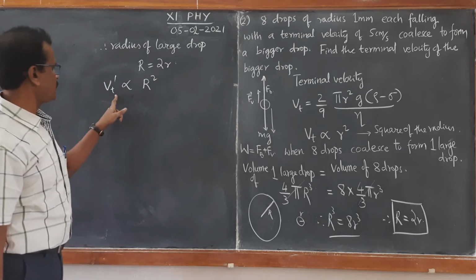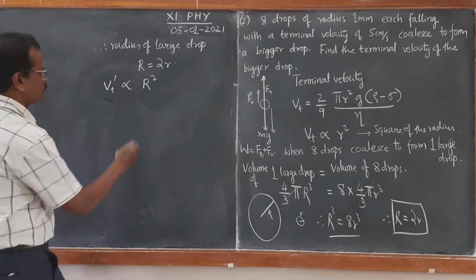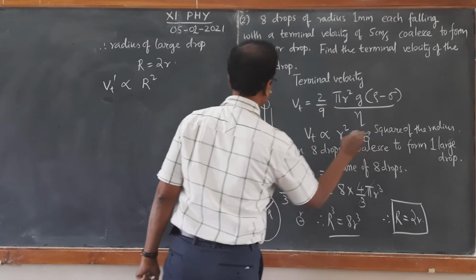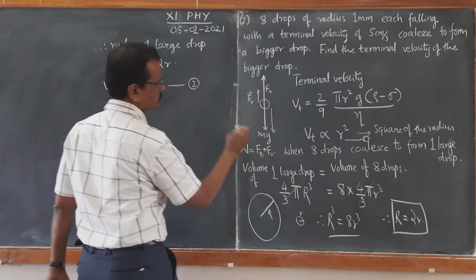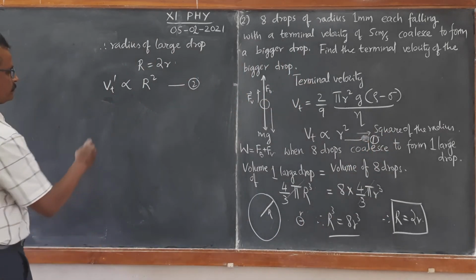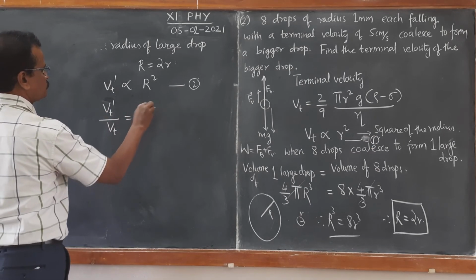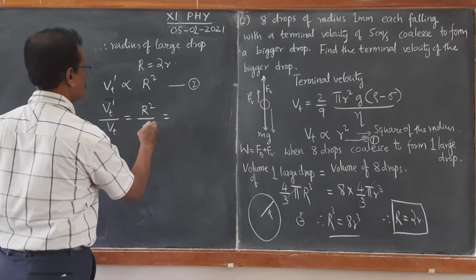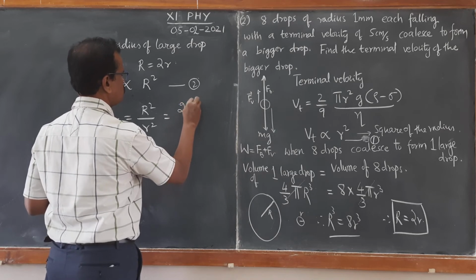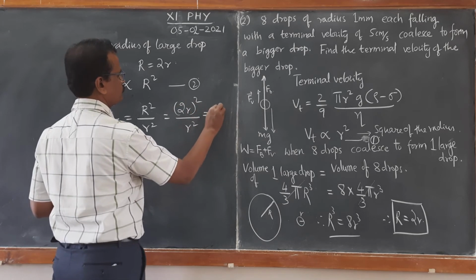If you take the ratio, calling the small drop 1 and the large drop 2, then Vt dash by Vt is equal to R squared by small r squared. R squared is (2r) whole squared, and the small r squared cancels, so you are left with 4 times.